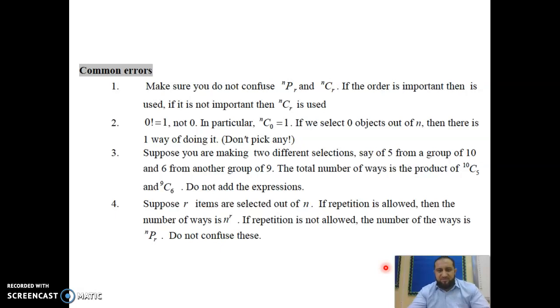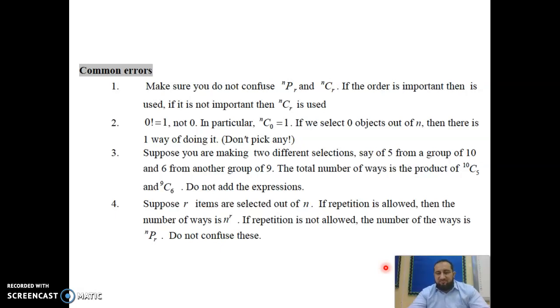Okay, if order is important, you use permutations. If order does not matter, you use combinations. Remember, 0 factorial is 1, not 0. In particular, nC0 is 1. We have discussed this in pure math too. Suppose you are making two different selections, say 5 from a group of 10 and 6 from another group of 9.